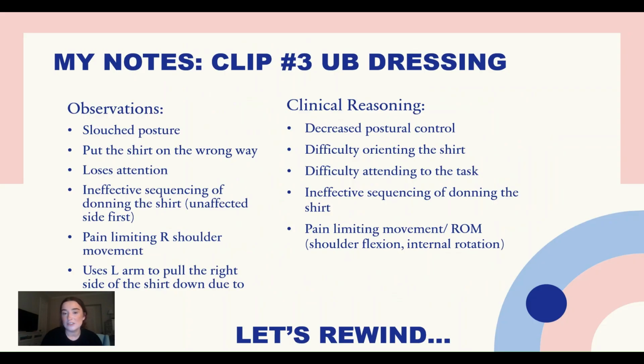Ineffective sequencing of donning the shirt: teaching her to put the shoulder that's in pain into the shirt first would make the donning of the shirt a lot easier for her. And overall, just pain limiting her movement and range of motion, particularly shoulder flexion and internal rotation. So those were some of the things that I noticed.